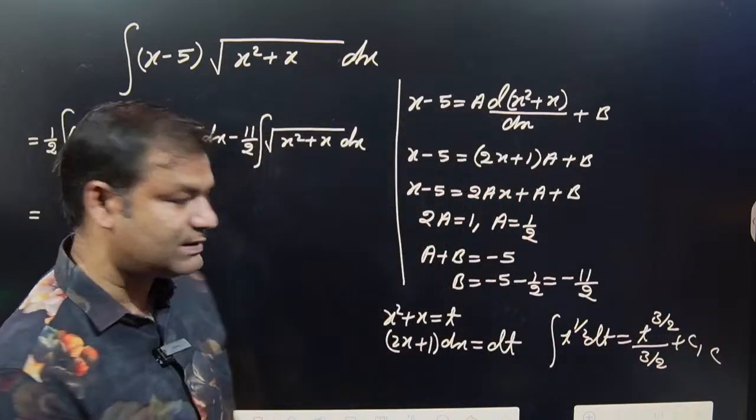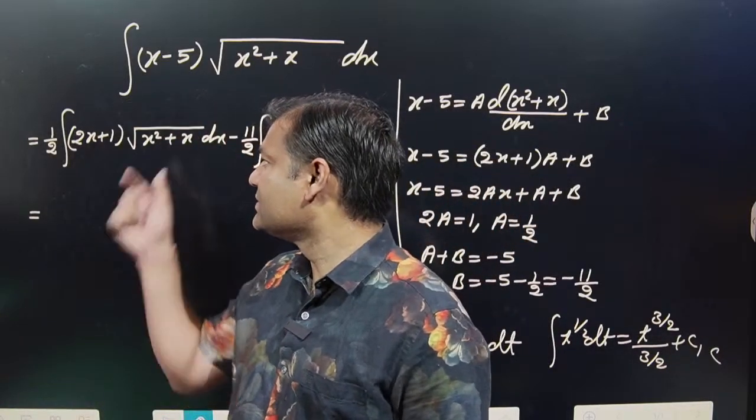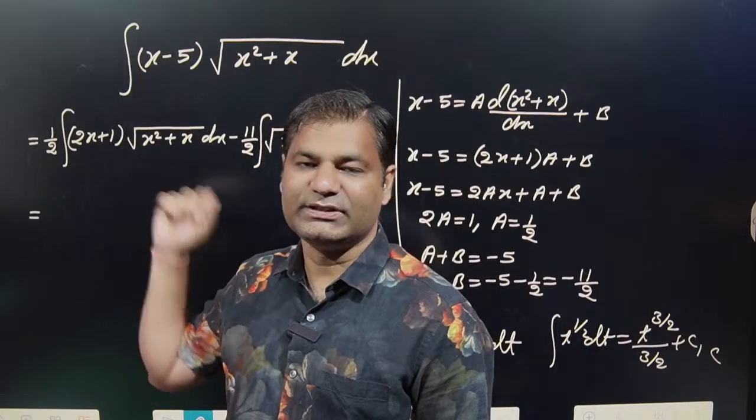So you can say that if this one is considered t, then that one is dt.